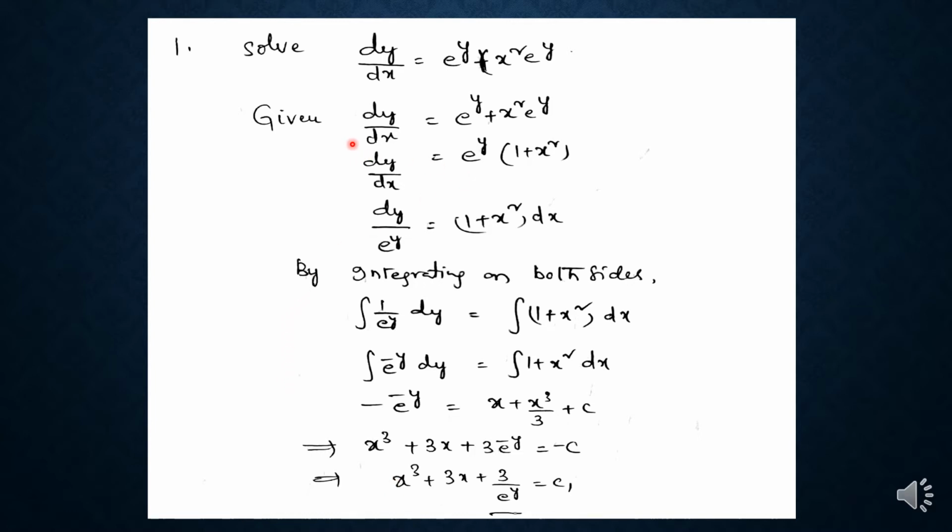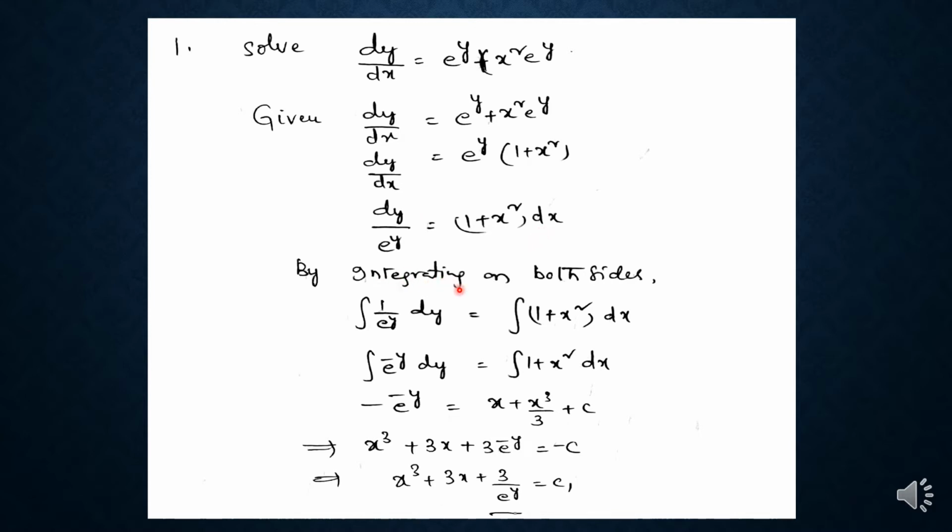Once again, see this problem. The given equation is dy by dx is equal to e power y plus x square into e power y. By taking e power y as common, this is e power y into 1 plus x square. Now by separating the variables, dy by e power y is equal to 1 plus x square dx.